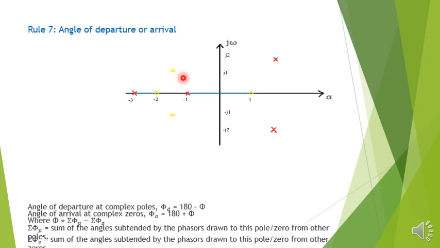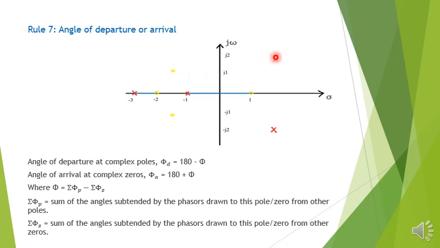To find the angle of departure and angle of arrival, the formula is: angle of departure at complex poles, phi d, is equal to 180 minus phi. Angle of arrival at complex zeros, phi a, is equal to 180 plus phi.